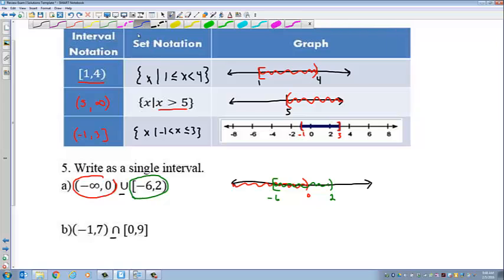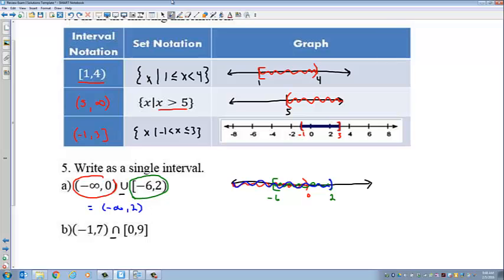So if it's colored, you get to shade it in. So that has red, this has red and green, and this has green. And then this is an open parenthesis, so there's no real color there. It's not including that point. So this would be equal to -infinity all the way to 2. So when you union, you just push the two intervals together.